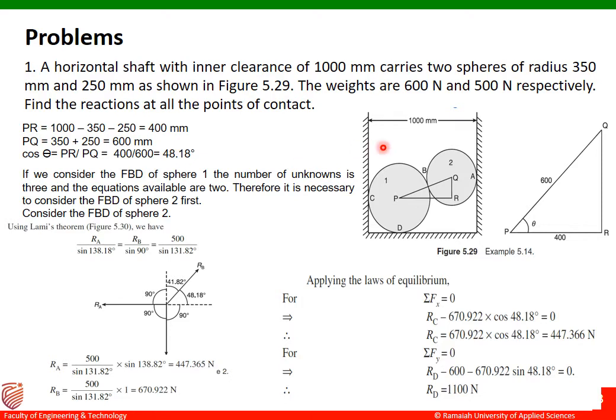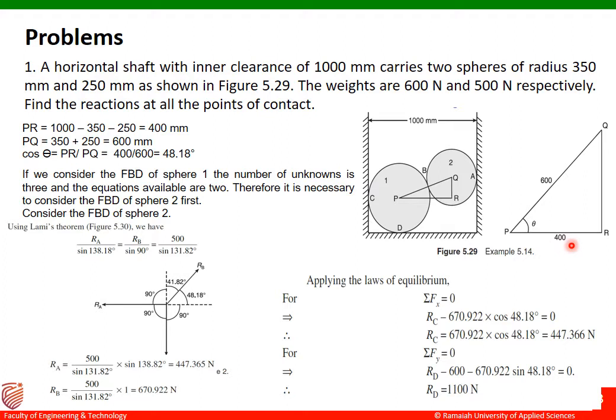PR is given by the total clearance, that is 1000, minus the radius of the first circle and the radius of the second circle. PR is given by 1000 minus 350 minus 250, and we get the answer as 400.